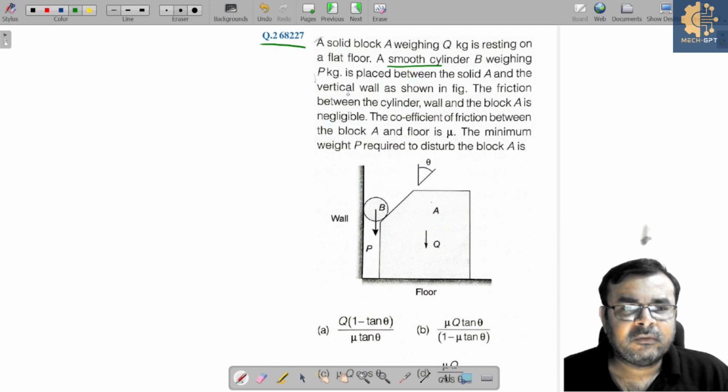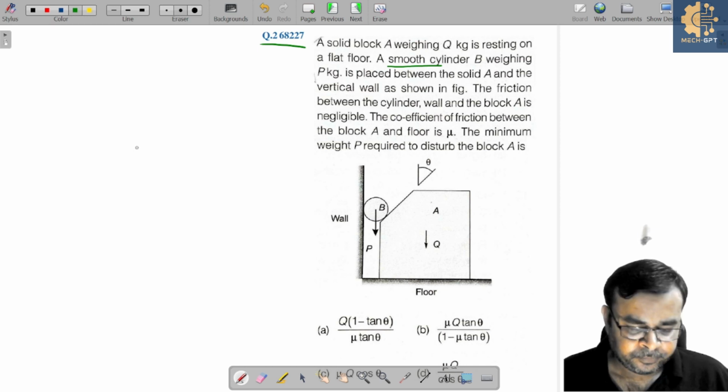Cylinder B, weighing P kg, is placed between the solid block A and the vertical wall as shown in the figure. The friction between the cylinder and the wall and the block A is negligible. The coefficient of friction between the block A and the floor is mu. The minimum weight P required to disturb the block A is.